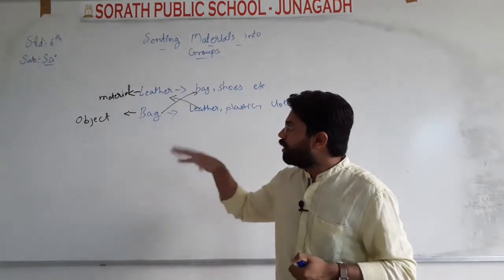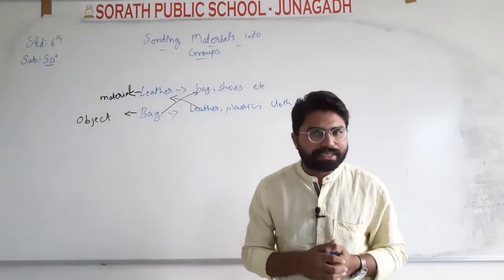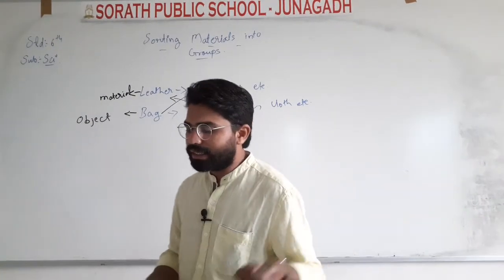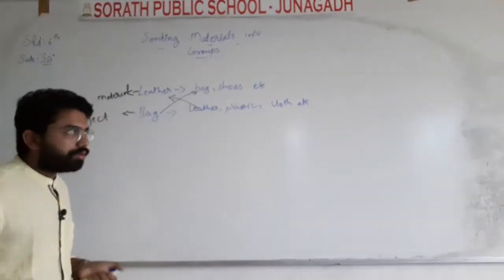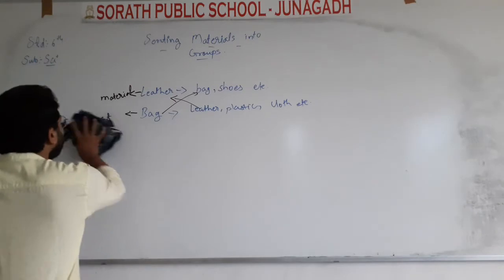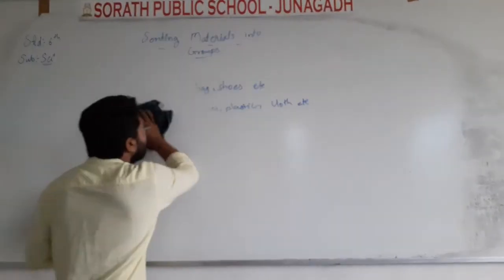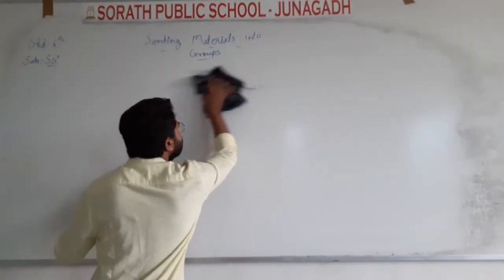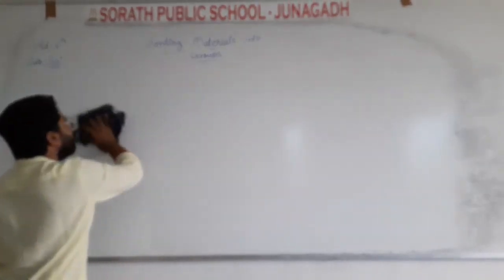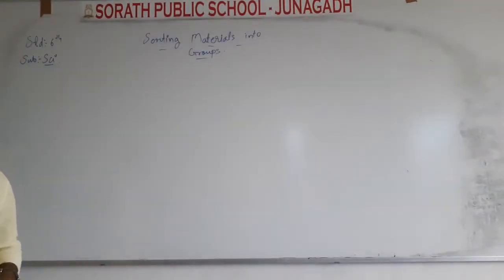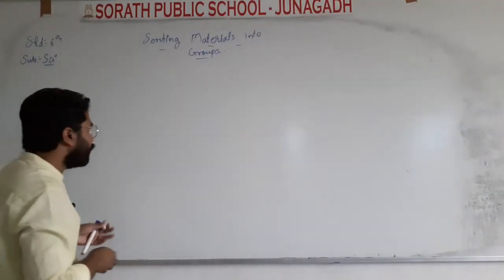Now moving on to our properties, we have seen many properties in our textbook about sorting materials into groups. Which properties have we seen till now? We have seen many properties of materials on the basis of their appearance.